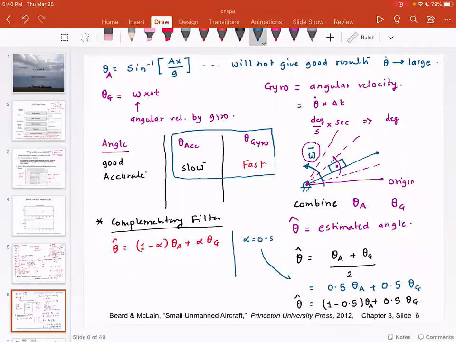Now, what I'm going to say is, when I'm moving very slowly, I would say alpha is equal to 0. When fast, alpha is equal to 1.